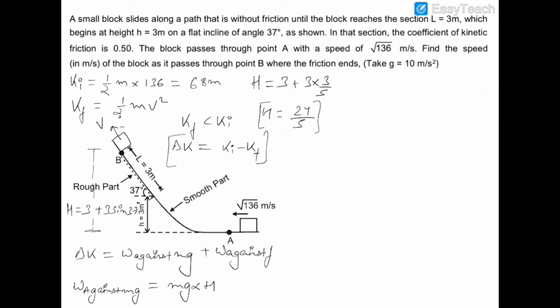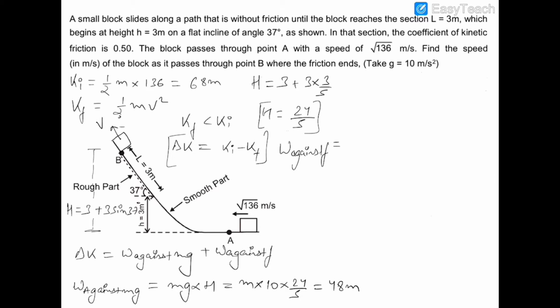This is the height by which this block has ascended during the course of its motion. Now the work done against mg will be equal to m into g, which is 10, into 24 by 5, so it will be equal to 48 m.